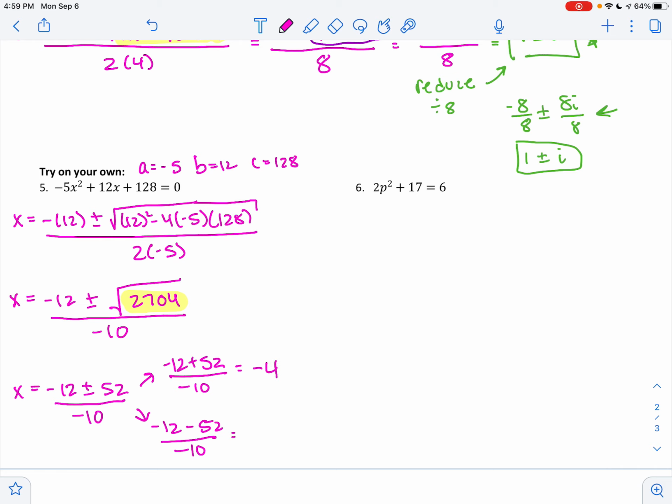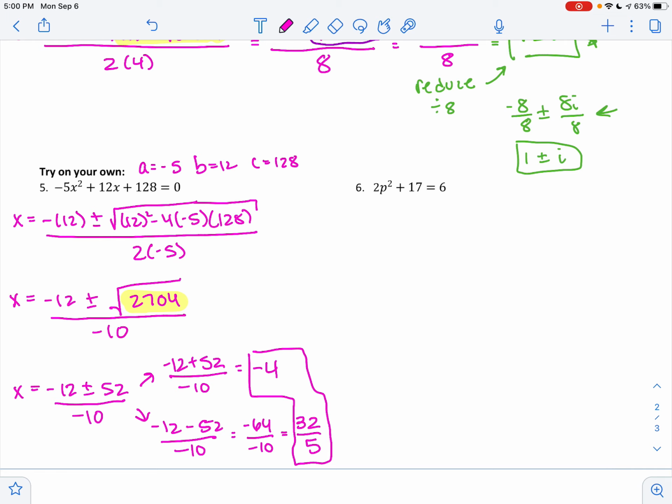On this one, I'll have negative 64 divided by negative 10. I can reduce this. 2 goes into both of those. A negative divided by a negative is a positive. So here I'll have 32 over 5. These are my 2 solutions.